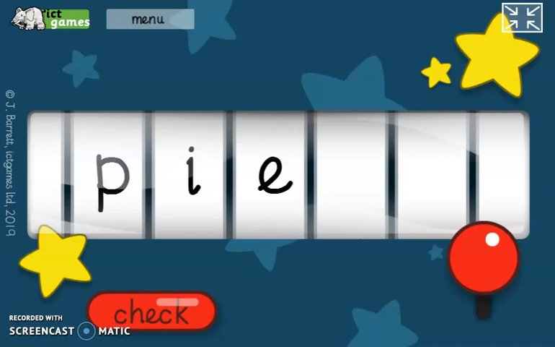Because the last 2 letters come together to make the sound I. So now you try and read this word. Pie. Like maybe an apple pie.